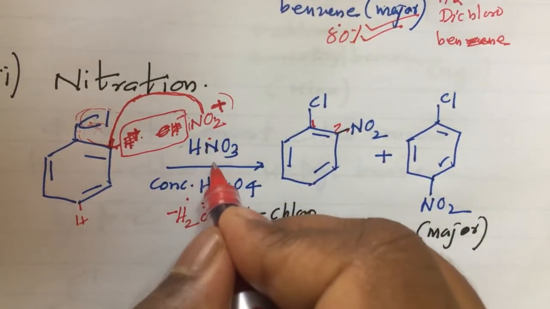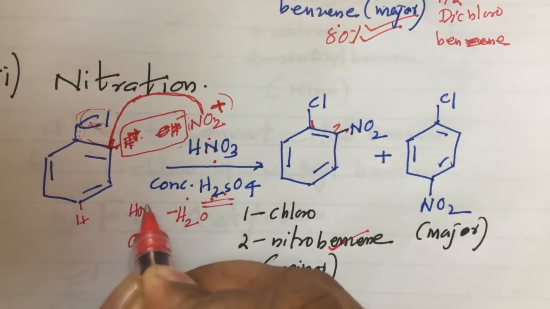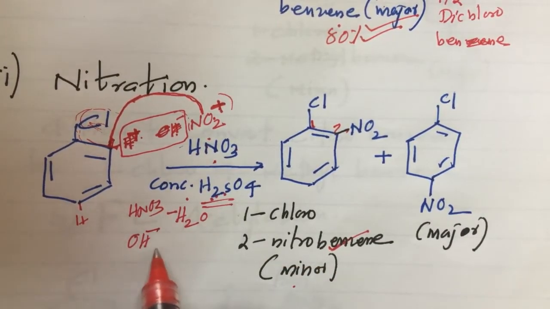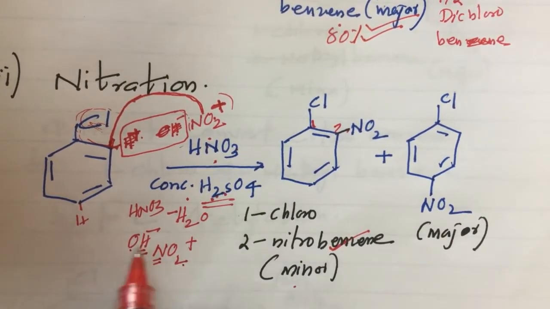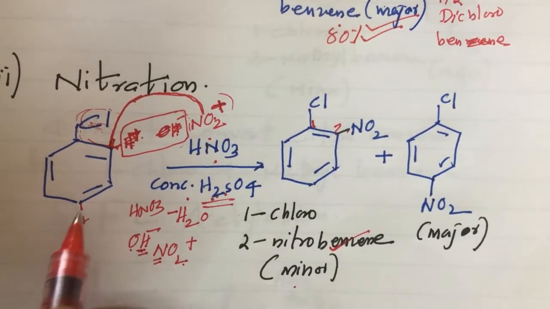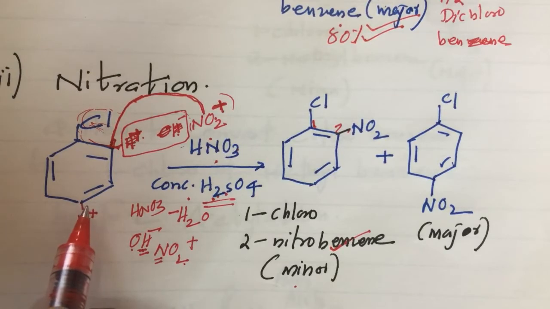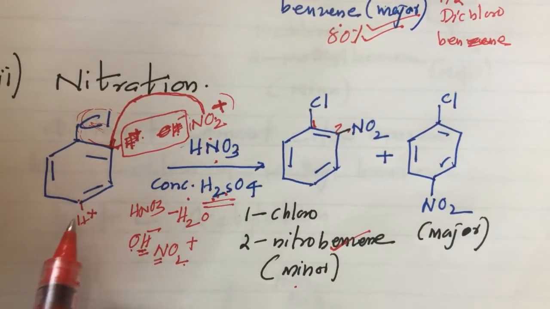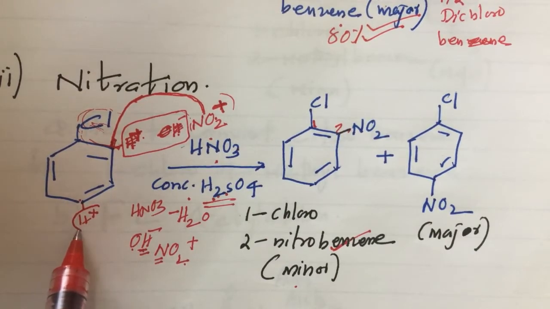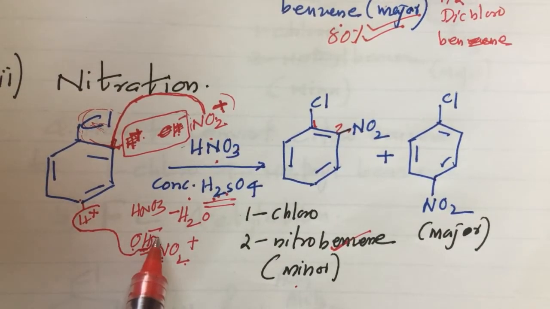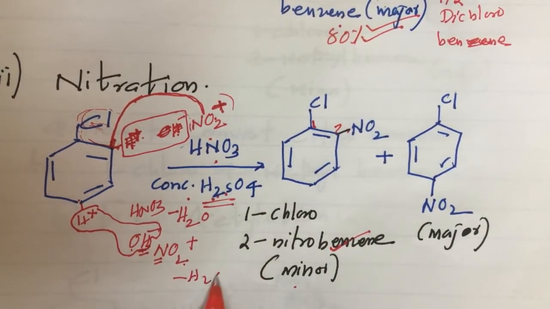Then just like this, one more HNO3. HNO3 we can write like this: OH minus, NO2 plus. Then OH minus and H plus from para position, because electron density is maximum at ortho and para. Ortho is already finished. Now from para position, electrophile H plus will attract the nucleophile OH minus and form byproduct H2O.